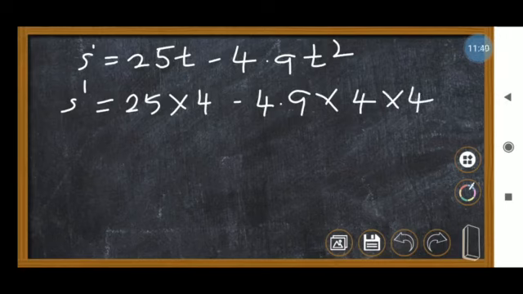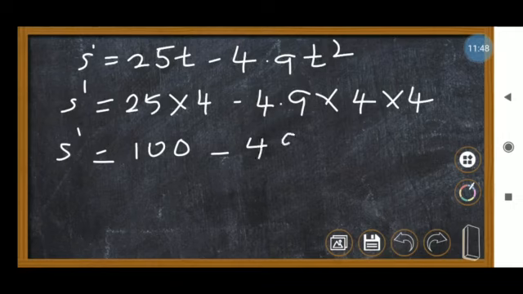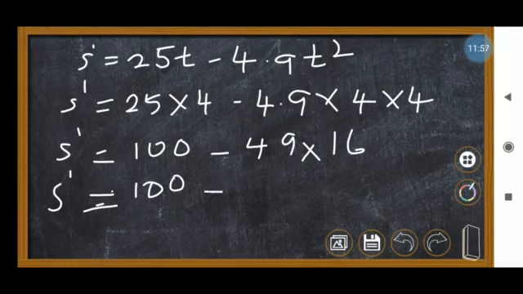So s dash equals 25 into 4, which is 100, minus 4.9 into 16, which is 78.4.